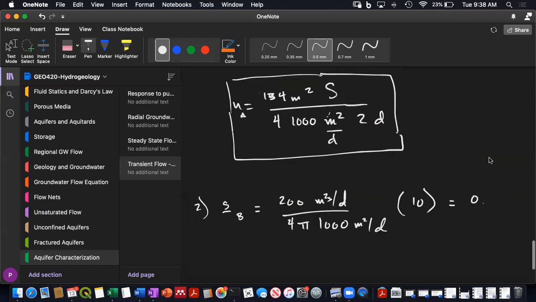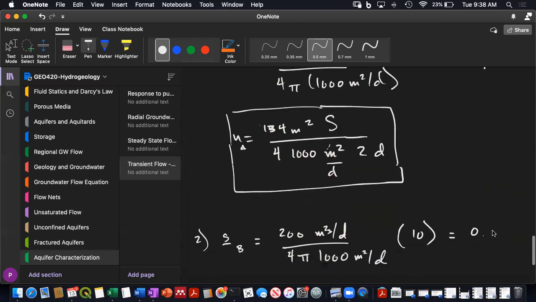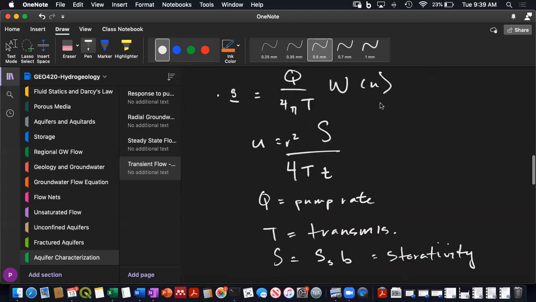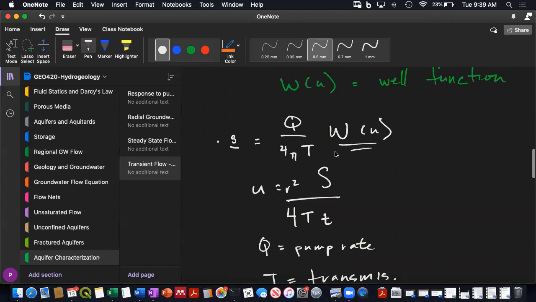So what is it? 0.15. Where did you get that 10 from? That's on the end. That's the value of the well function, WU. Where did you get that?